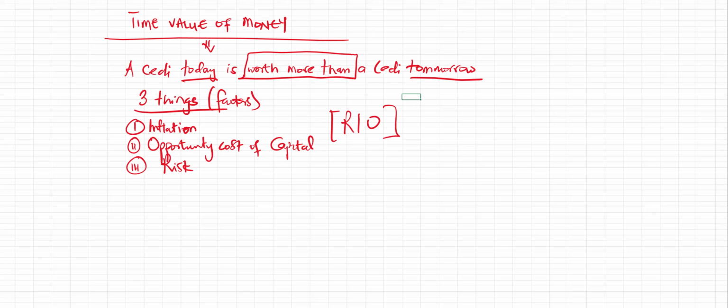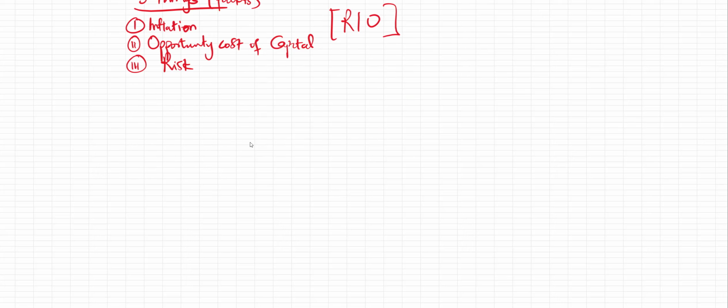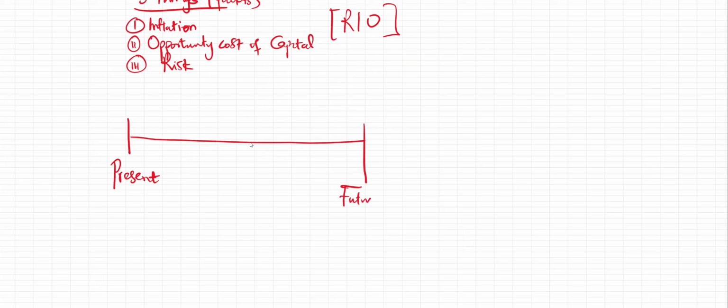So to ascertain the value of 1 cedi today tomorrow, or 1 cedi tomorrow today, that is where the principle of compounding and discounting comes in. If I'm standing at today, the present, I may want a value in the future.